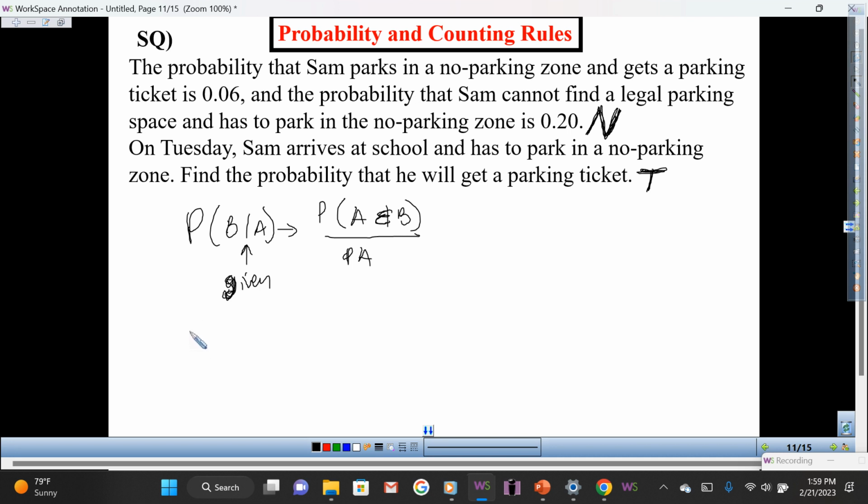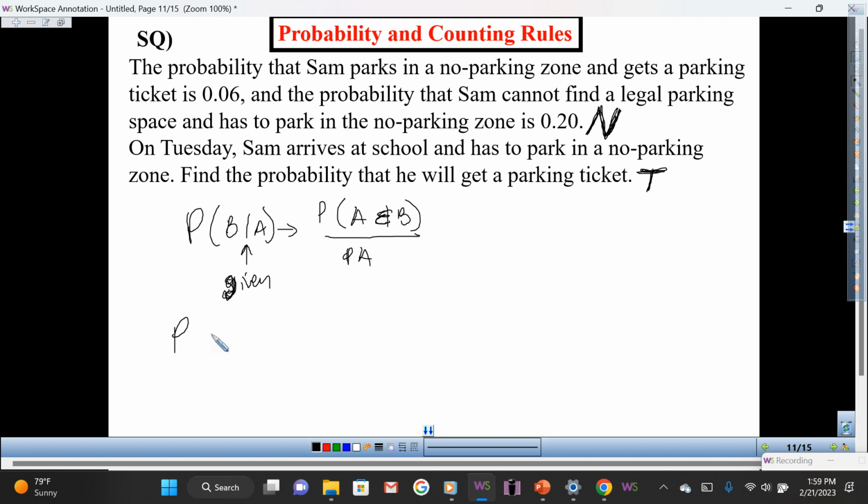With that said, they want us to find the probability that he will get a parking ticket. A parking ticket, given what? That he parks where? In a no parking zone. Okay, so what would we write?